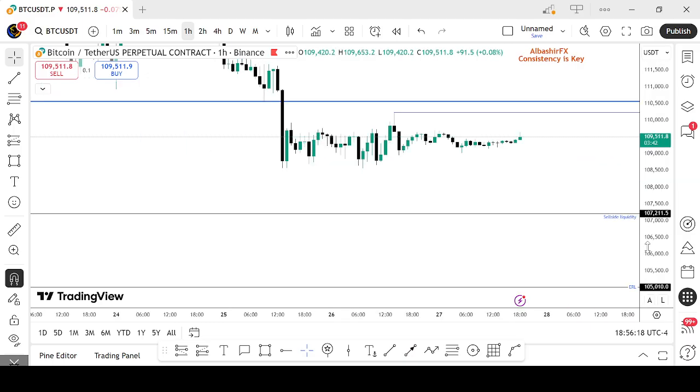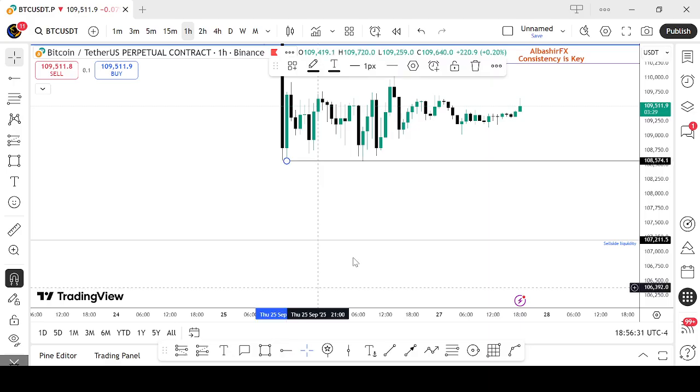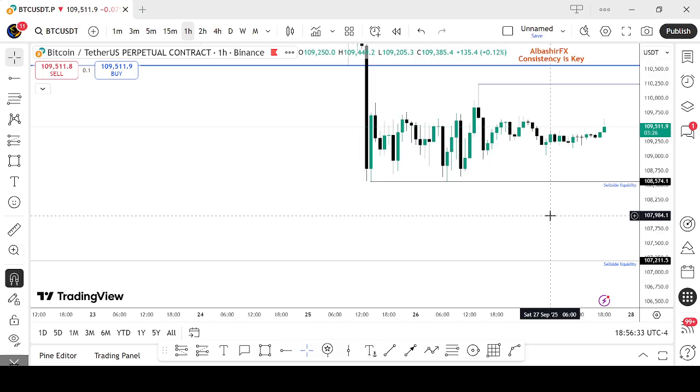Now we have seen relative equal lows, so I am going to put this on here as our sell side liquidity, which is equal lows. We've seen relative equal lows on this price.